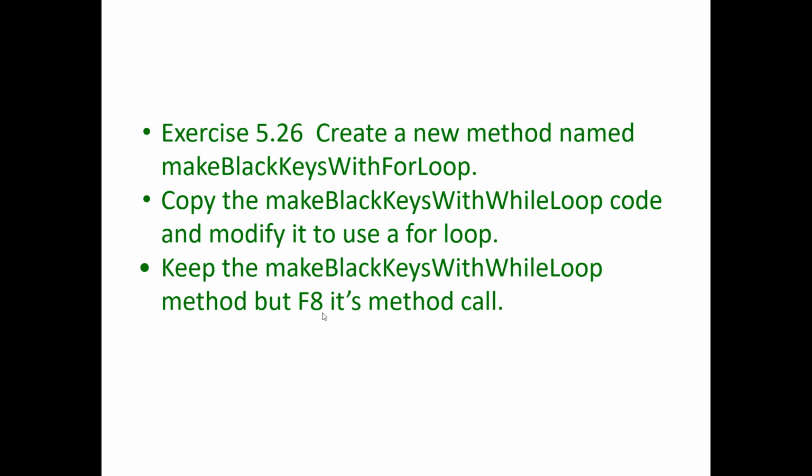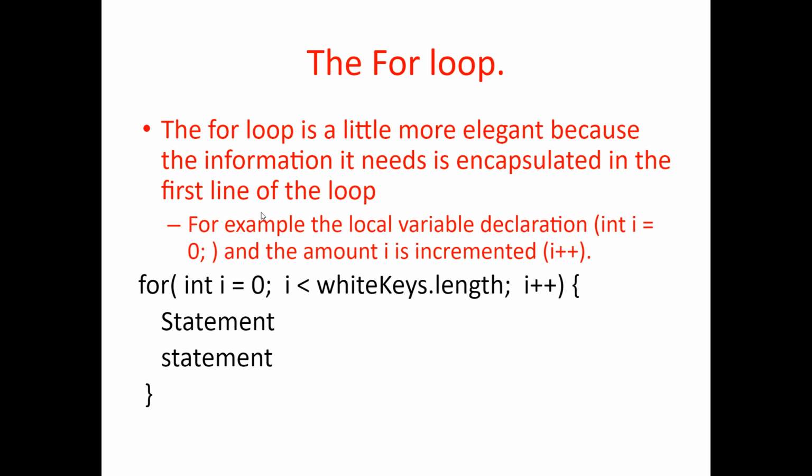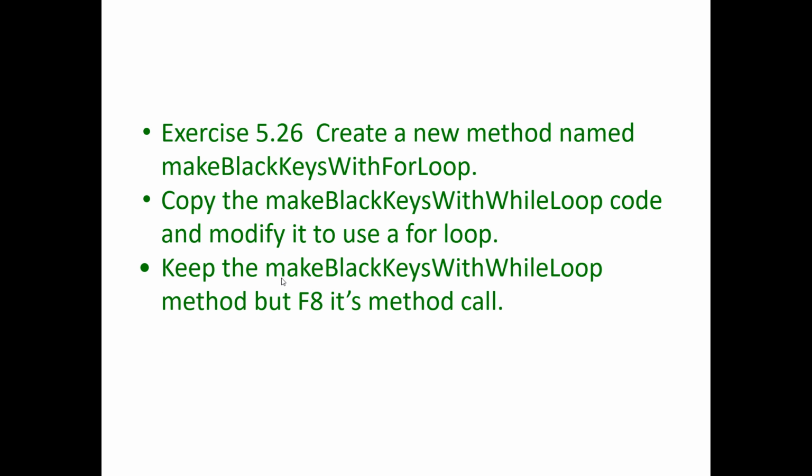Your job is to create a new method named blackKeysWithForLoop. Then you're going to copy the body of the make black keys with while loop and array code and modify it to use the for loop. So you're going to copy and paste the code inside this new method, and apply what you've learned about for loops. Keep the make black keys with loop and array method.